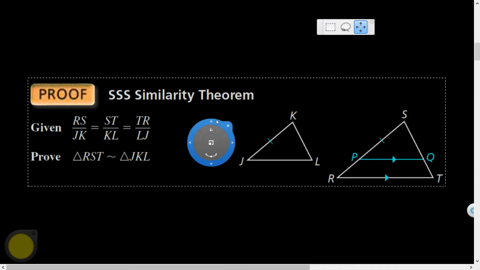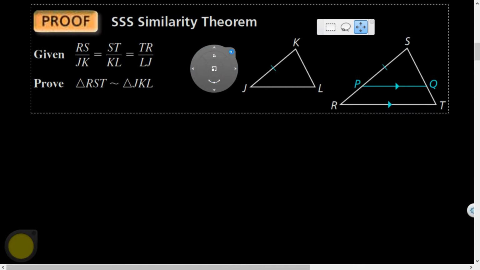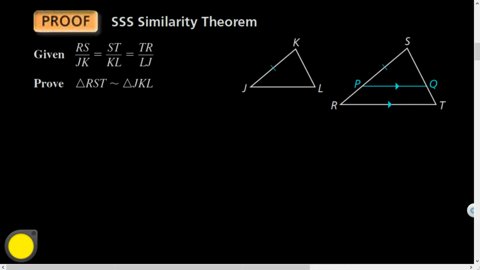Let's verbally walk through a proof of this. I'm not going to write it all down, and you guys don't have to either. So, I did at least put this on your paper.